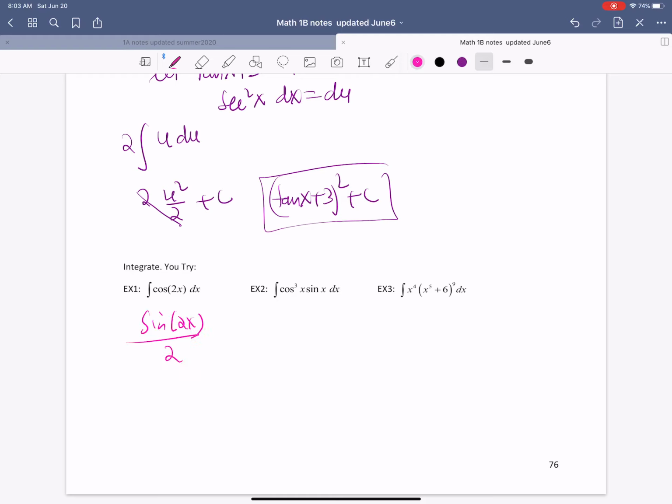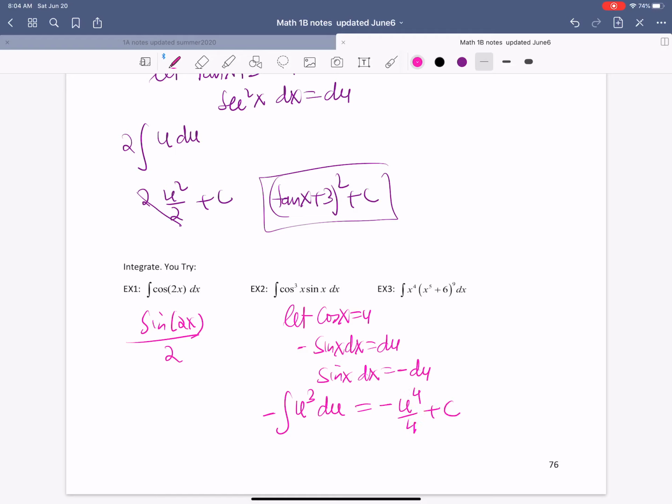The next one, I can let cos x be u, negative sine x dx will be du, and sine x dx will be negative du. So I'm going to have a negative u to the third du, which is negative u to the fourth over 4 plus c, and that would be negative cosine x to the fourth power divided by 4 plus c.